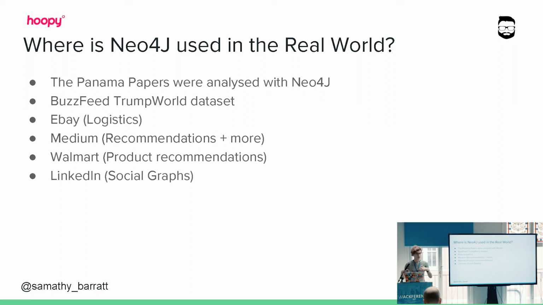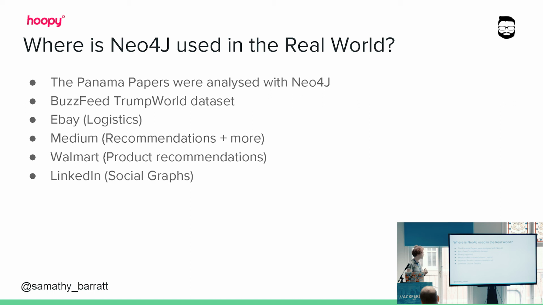But in practical companies, we have eBay. eBay use graph databases to support their recommendations platforms because, as we saw earlier, you can go, there's a few people who have bought this thing, there's one person who's bought that thing. What else might they want based on the connections that they have to items that they've already purchased?